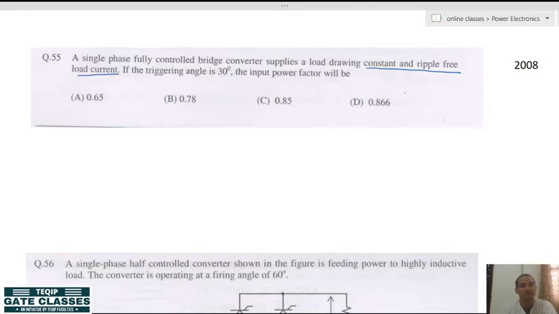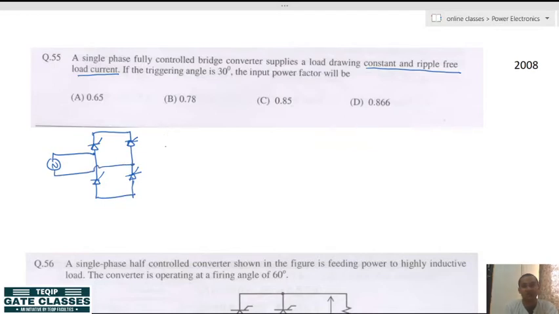Fully controlled bridge means 4 thyristors are there. As soon as you read the sentence, you must immediately recall what kind of converter is given, so immediately draw the figure and then proceed with the question.